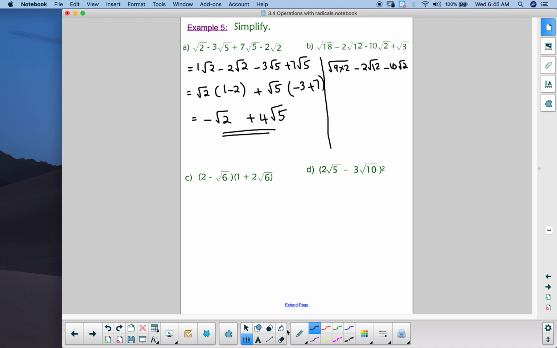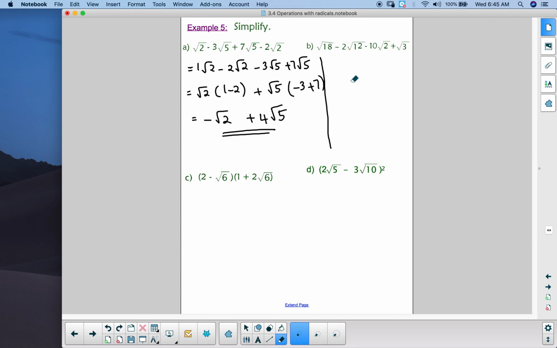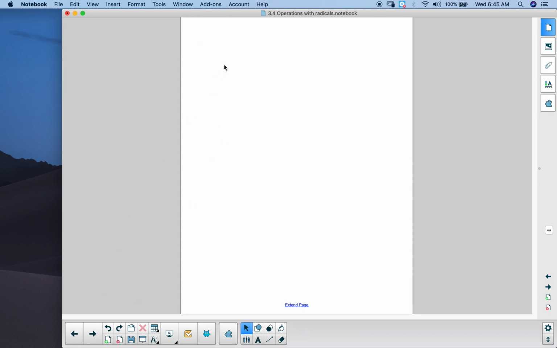I don't have a lot of space here. I'm just going to rewrite that on a different page so I have some space. Open up a space here, and I'm going to just do that on the next page. So I have some space.